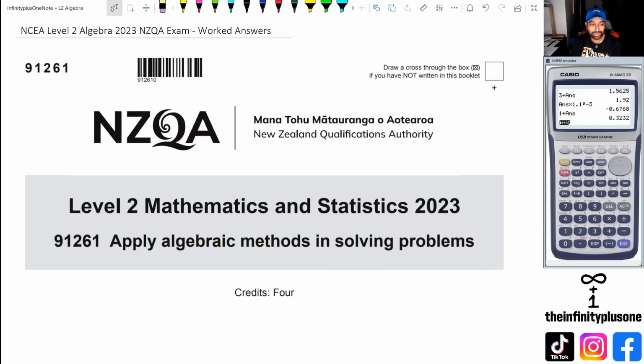Fairly straightforward achieved questions, straightforward merit questions, and a couple of really easy excellence questions in this paper. I know a couple of years ago, some of those papers were really tearing my hair apart, but this one was fairly straightforward.